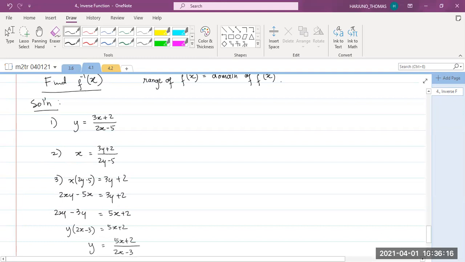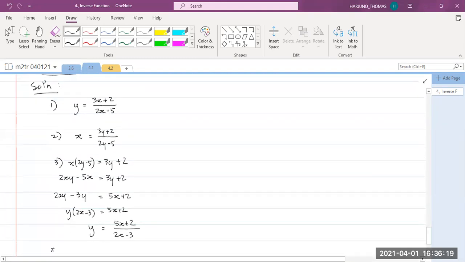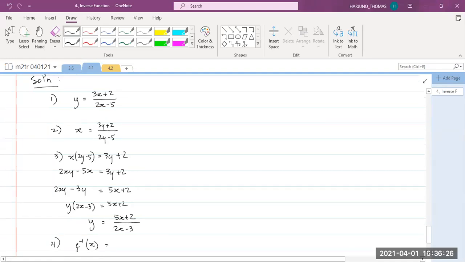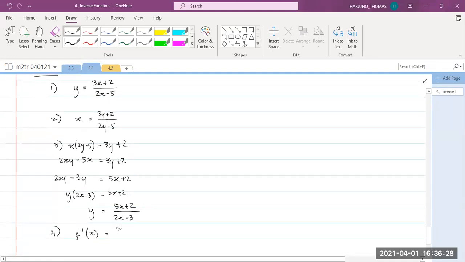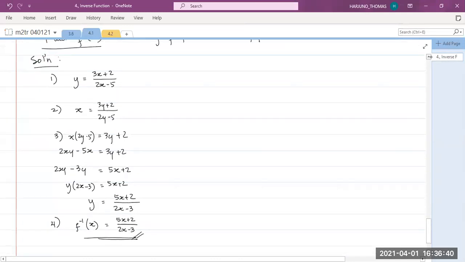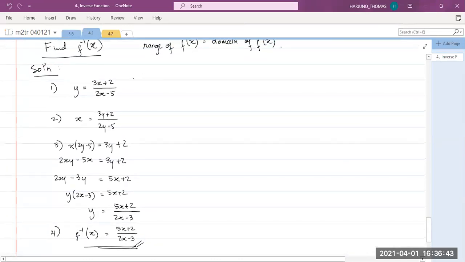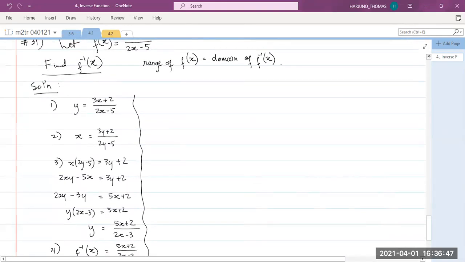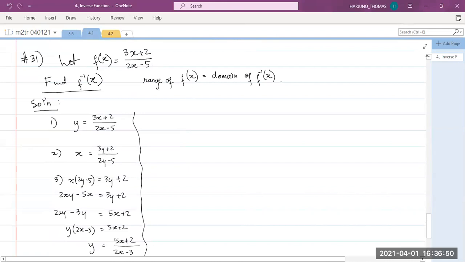Now finally, step 4: the inverse function of x is therefore (5x + 2) over (2x - 3). So we are done with that question.